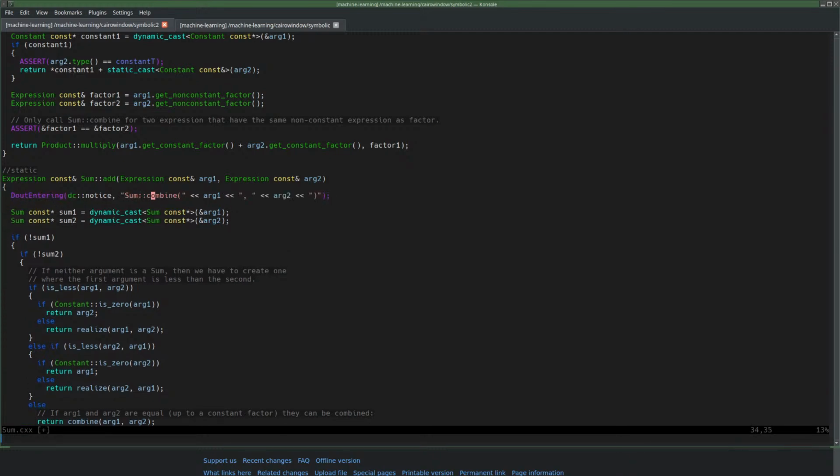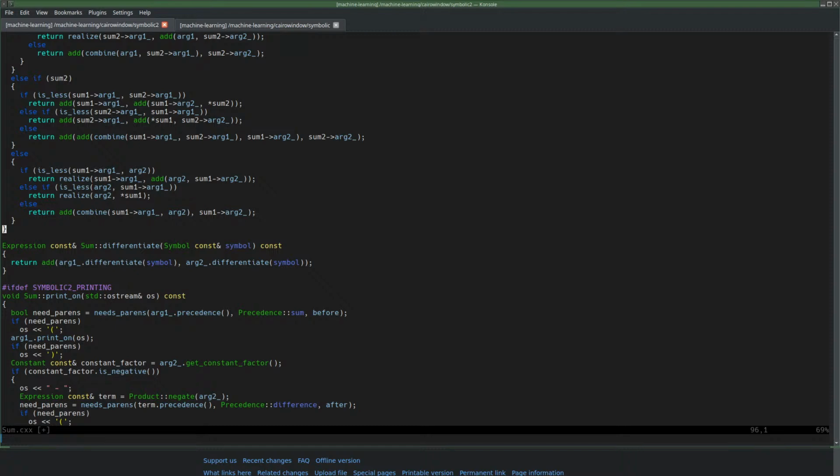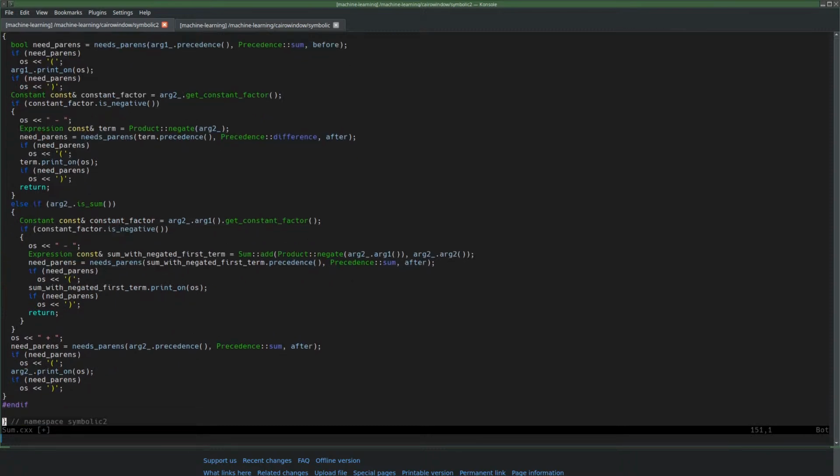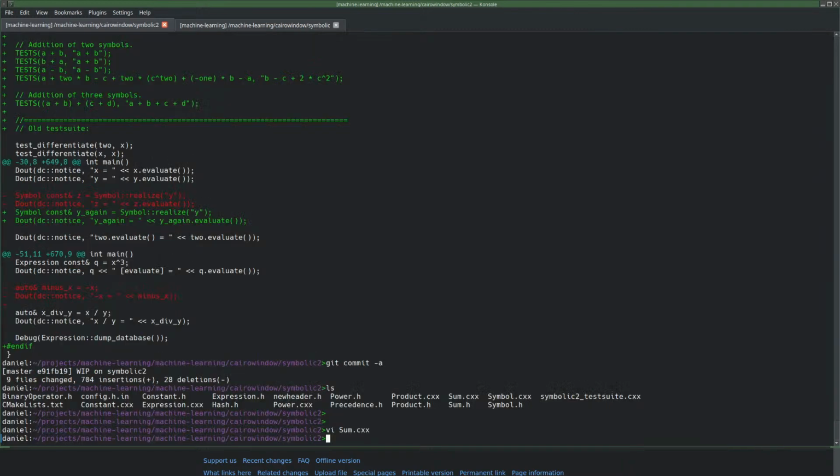It's like a trace. Printing everything. The entry of every function. Yeah, differentiate is not necessary. This is also not necessary, obviously. Product.cxx and then power.cxx.